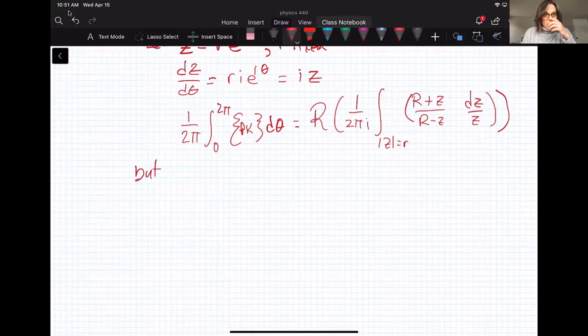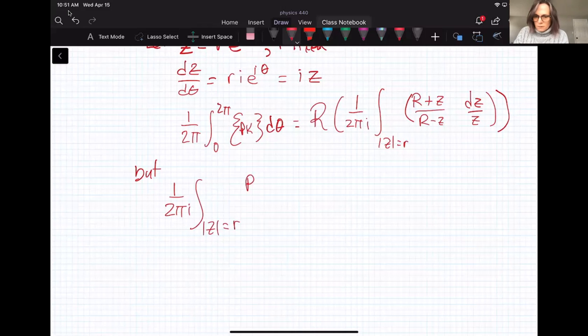Now we can use the Cauchy integral theorem. So 1 over 2 pi i in the region where the absolute value of z is equal to r on this disk. So we're actually doing that contour around the edge of the disk of R plus z over z times R minus z, dz, is actually equal to 2 integrals. And this is another reason why I want to do this example.